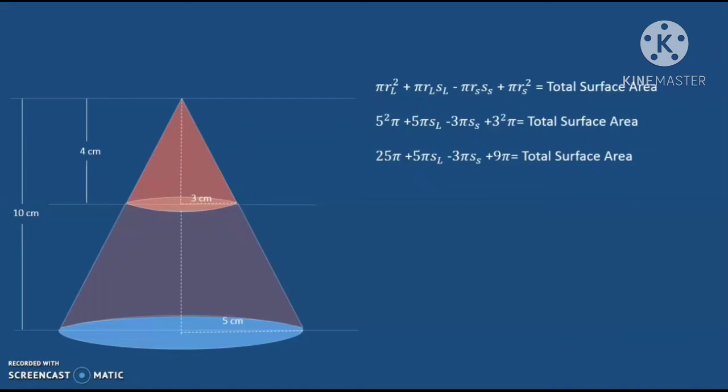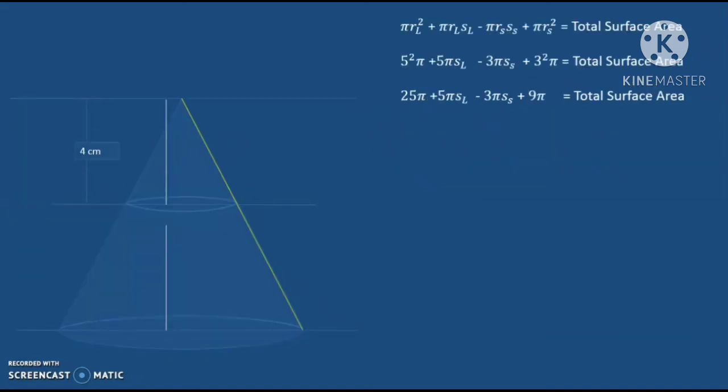Okay, let's figure out what the slant height is now. We're given both the height and the radius of the small and large cones, so we can use the Pythagorean theorem to find the slant height for both of them, starting with the larger cone. a² + b² = c². We plug in our values for a and b with 5 and 10 respectively.